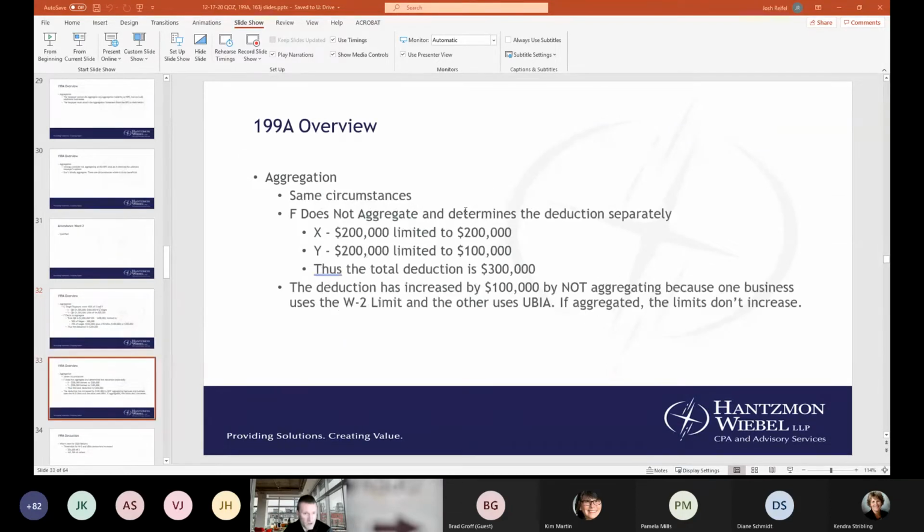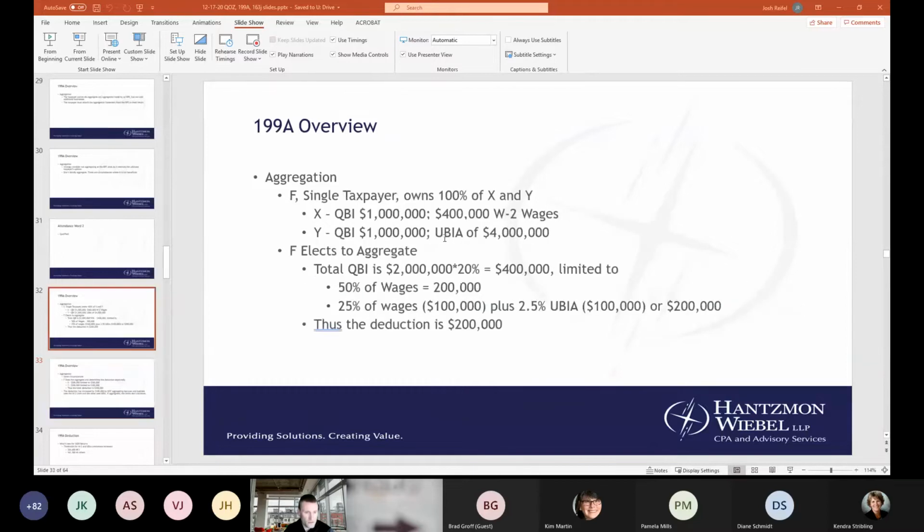Which is great. However, if they choose not to aggregate and they calculate the deduction separately, because remember, each of these is calculated on an activity by activity basis unless you aggregate, X is limited to $200,000, which would be the 50% of wages.